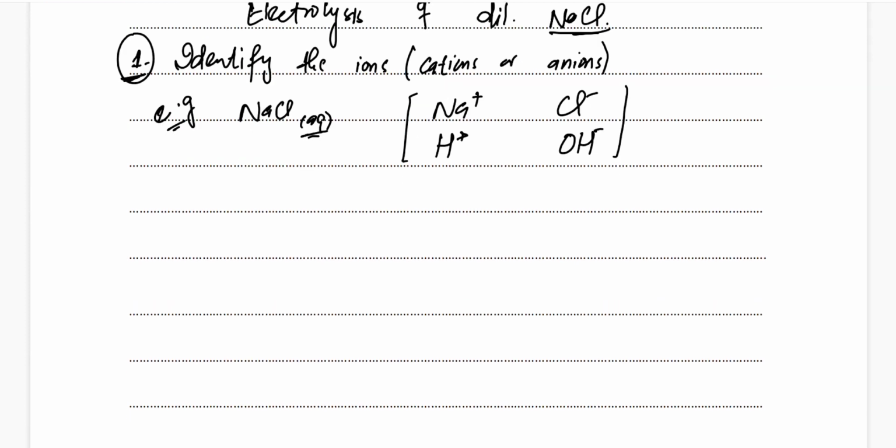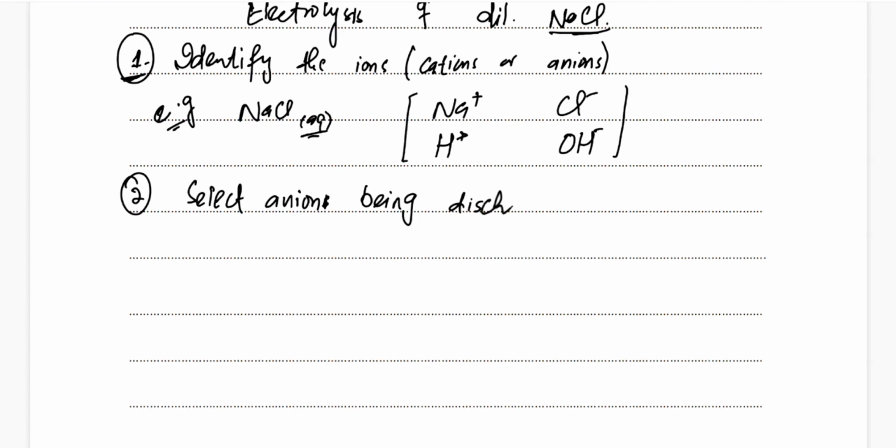Second, you have to determine the anion which has to be discharged. Secondly, you have to select the anion being discharged. Suppose we have the chloride anion and hydroxide.